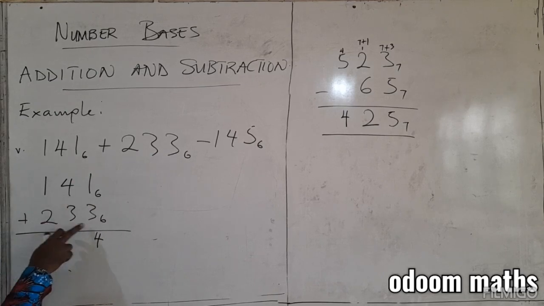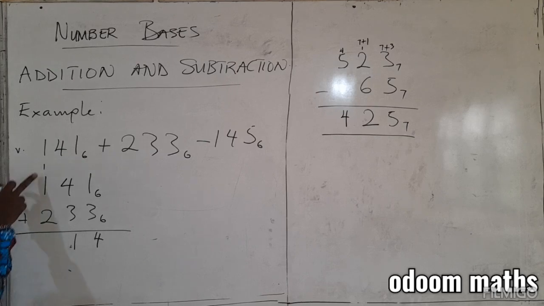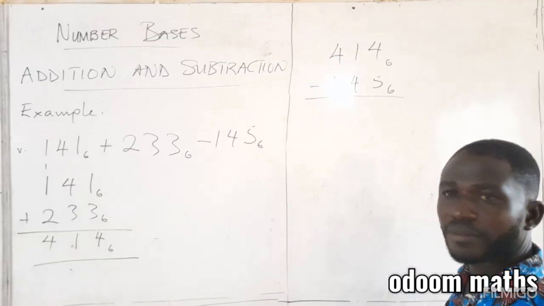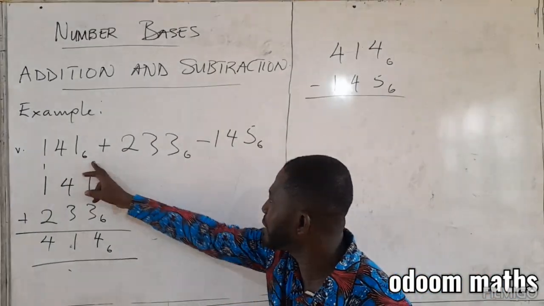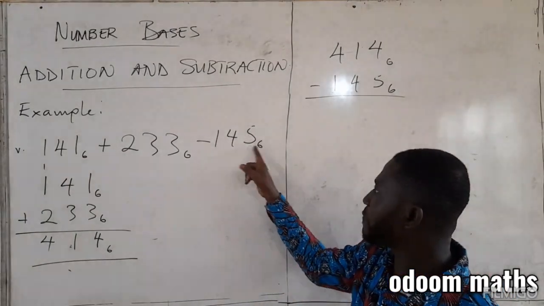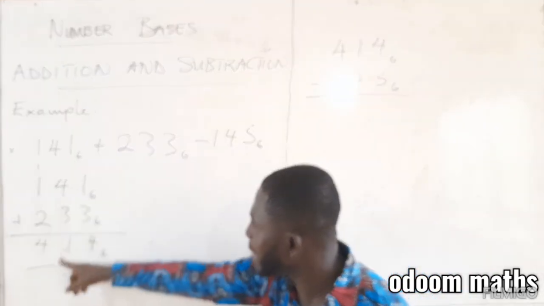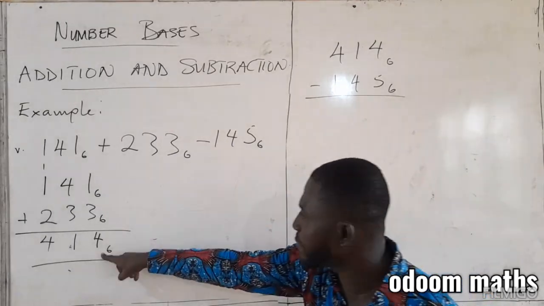So in base 6, 7 is 1 carry 1. So this is going to give me 4. So it is 414 base 6. Since we are done adding the first two numbers, we need to subtract 145 from the result we had here.